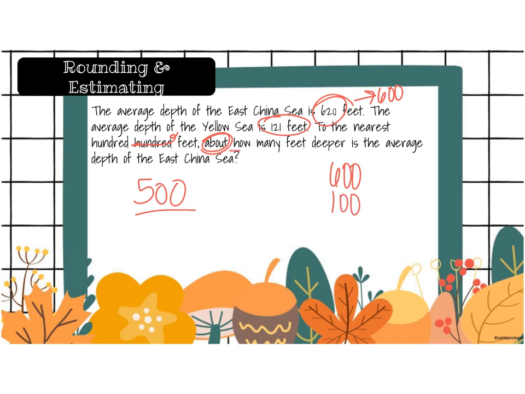Because my question says how many feet deeper is the average depth of the East China Sea, I want to know the difference. So I'm subtracting. And the majority of you ended up with 500. 500 what? Feet more. 500 feet deeper. If we did round to the nearest 10, it'd be the same answer.